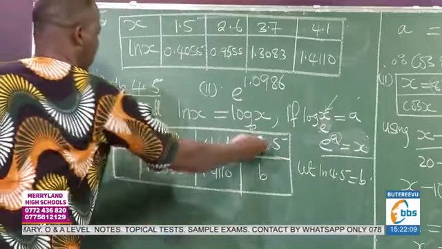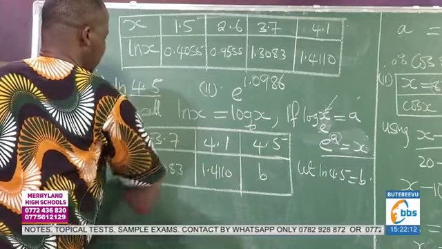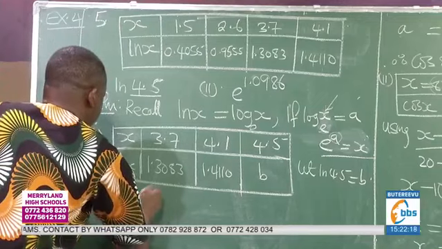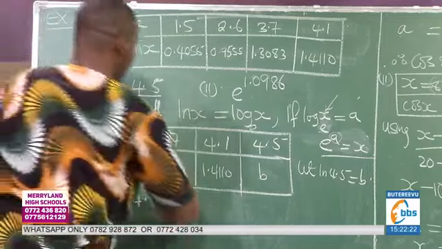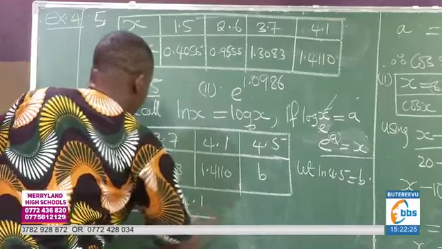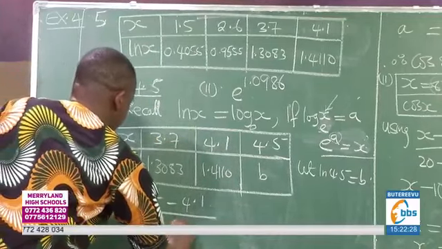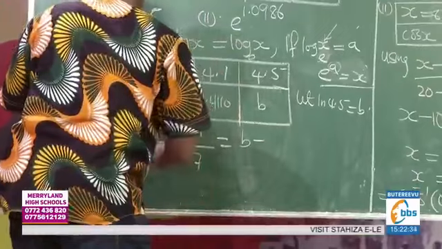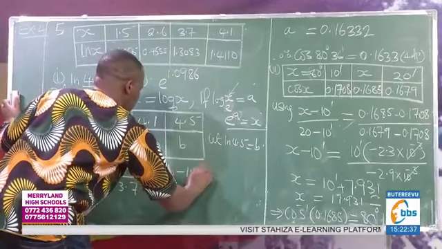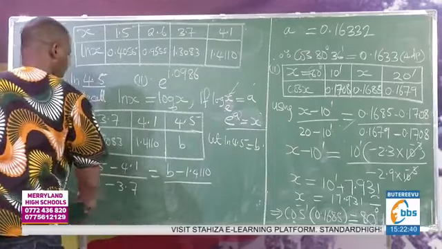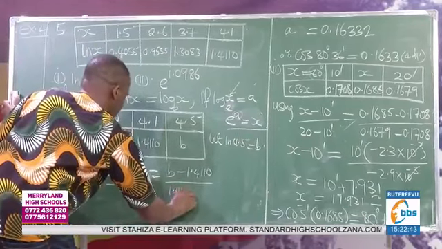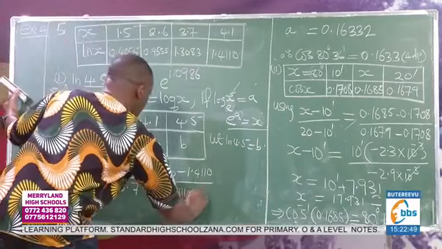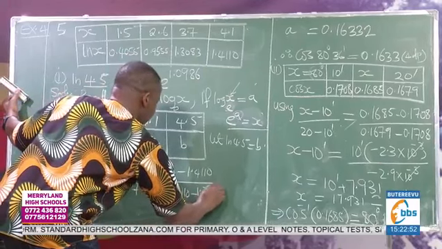I can say that 4.5 take away 4.1 over 4.1 take away 3.7 should be equal to the value of b which we want, minus 1.4110, over 1.4110, which corresponds to the 4.1, minus 1.3083.